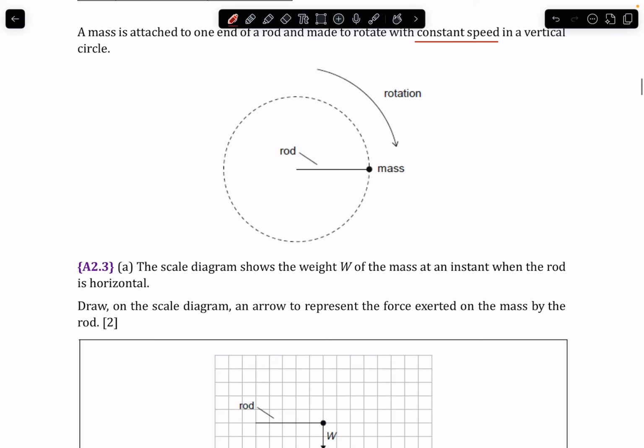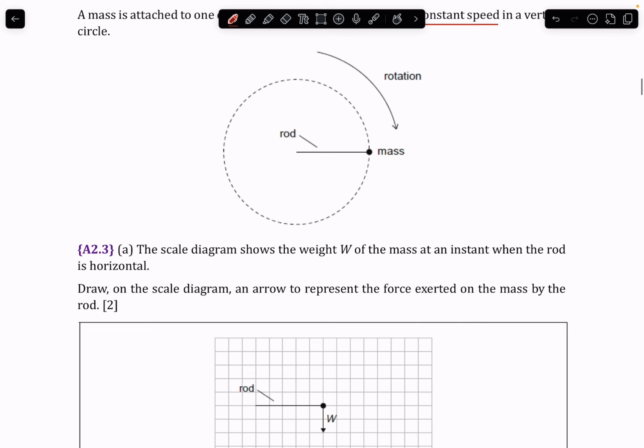The scale diagram shows the weight W of the mass at an instant when the rod is horizontal, just like this. Okay. Draw on the scale diagram an arrow to represent the force exerted on the mass by the rod. So the forces that are actually active on the mass are first, of course, its weight pulling downwards. This is the result of the gravitational acceleration.